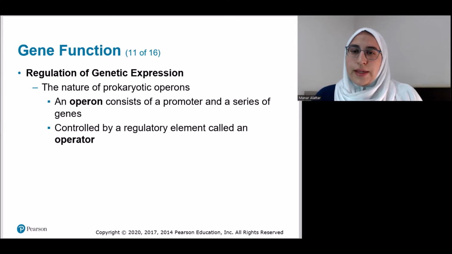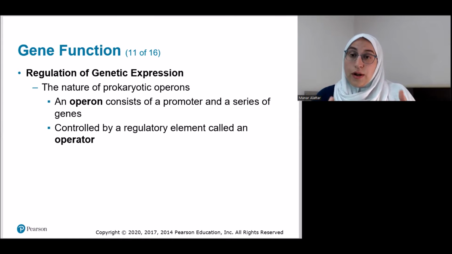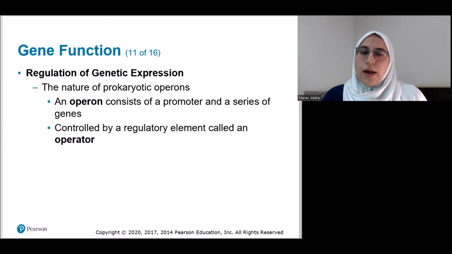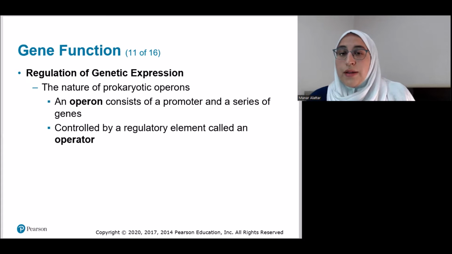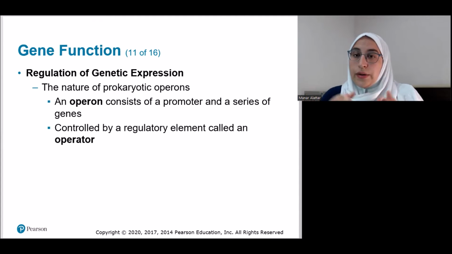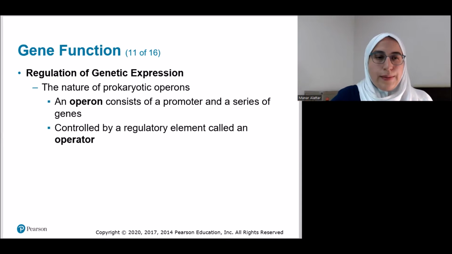Prokaryotes don't do that, but they still do oftentimes copy out groups of genes that are together called an operon. And so when we talk about these two examples, the lac operon and the trp operon, we're talking about a group or a cluster of genes that are all related to one another and tend to be copied out and then utilized together.